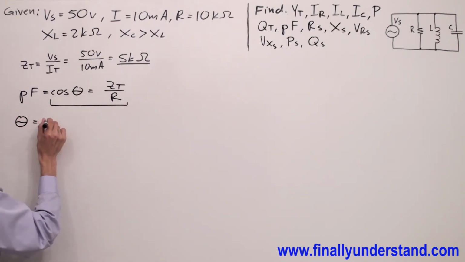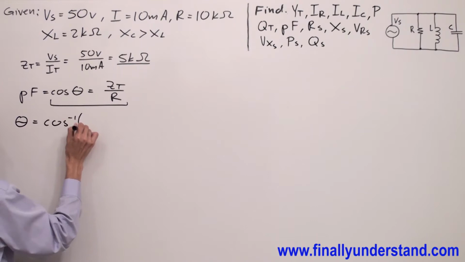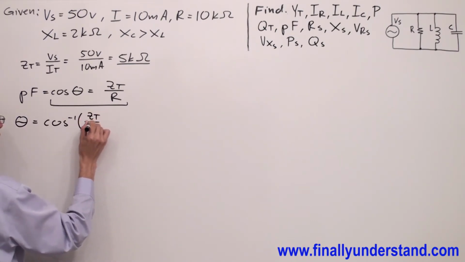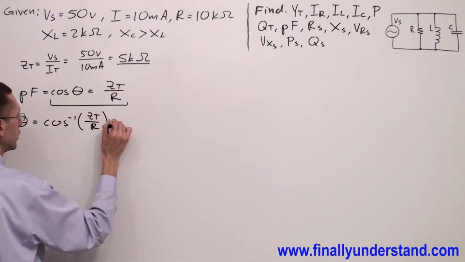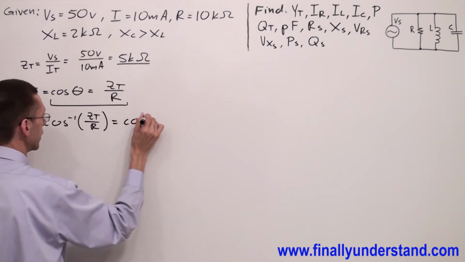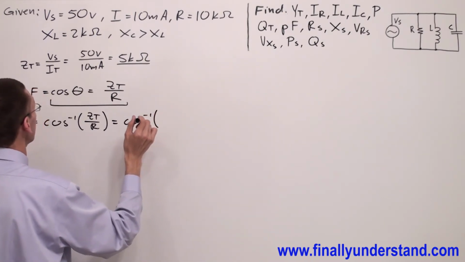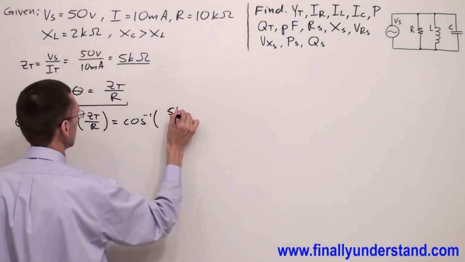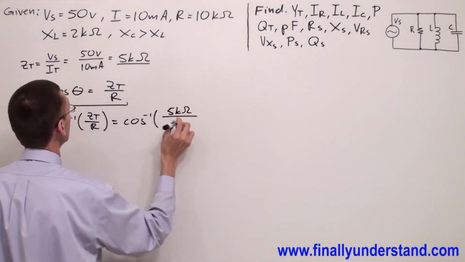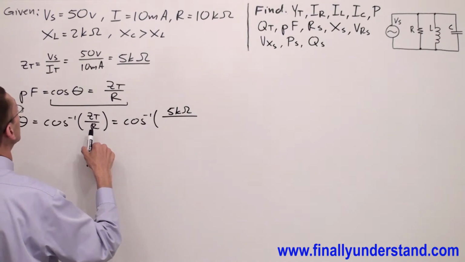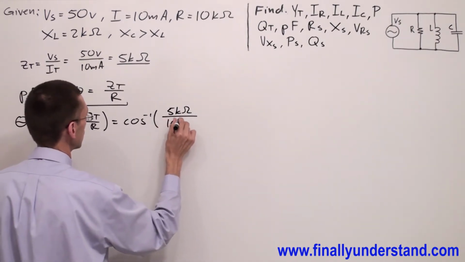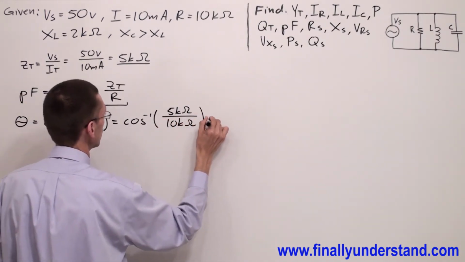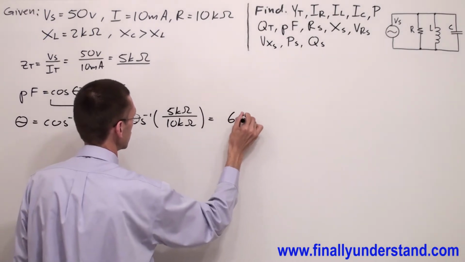So theta is equal inverse cosine Z total over R. So I have inverse cosine, and I have Z total 5 kiloohms over R, which is equal 10 kiloohms, is equal 60 degrees.